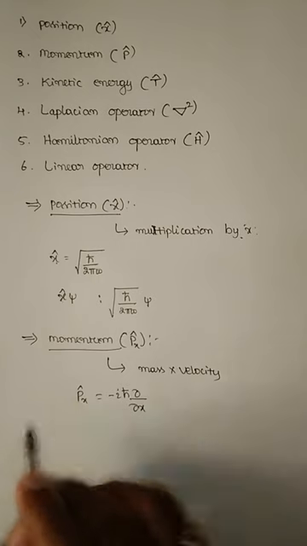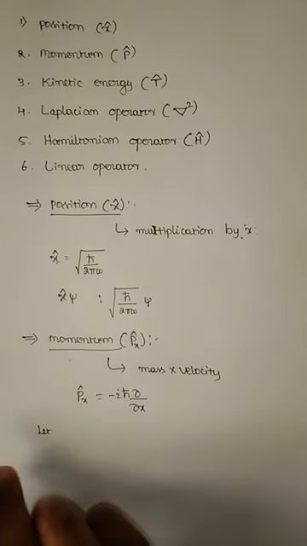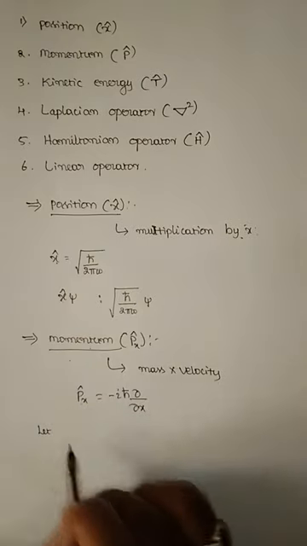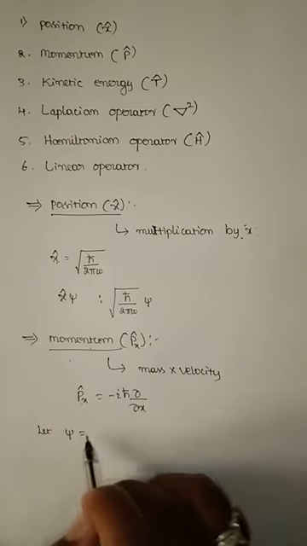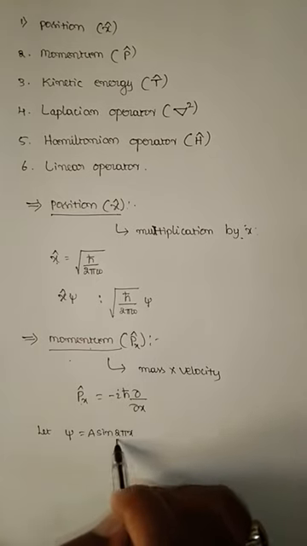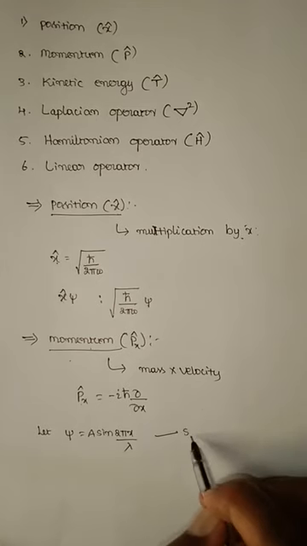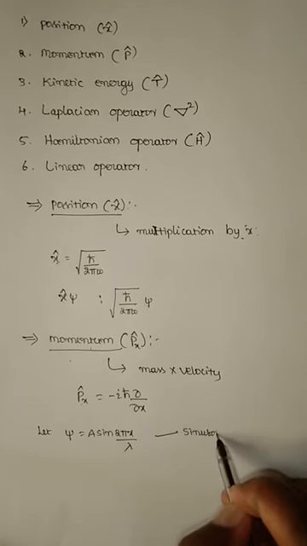Let me do a simple illustration to account for the momentum operator. Let psi equal a sine 2 pi x by lambda. We already came across this in our last video. This is called the sinusoidal wave equation.